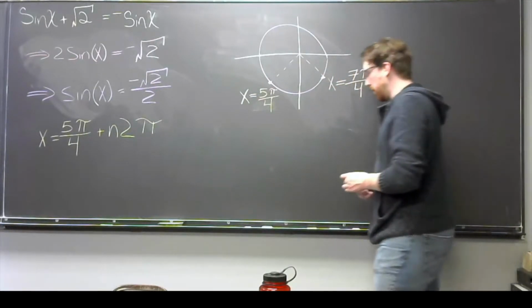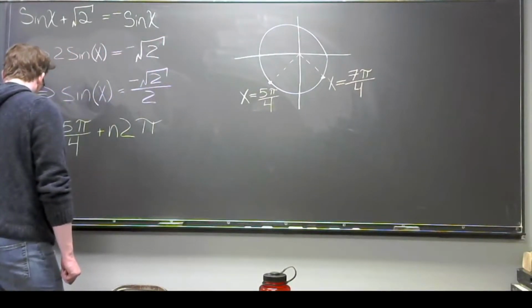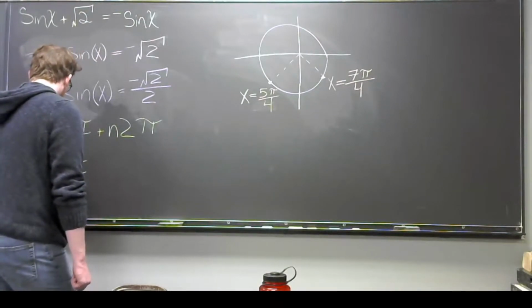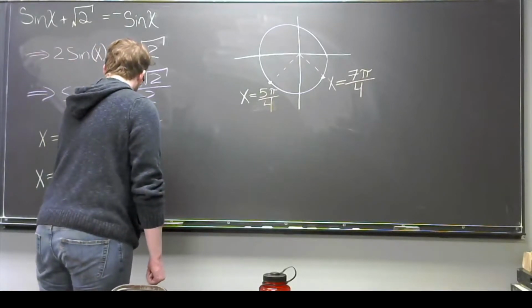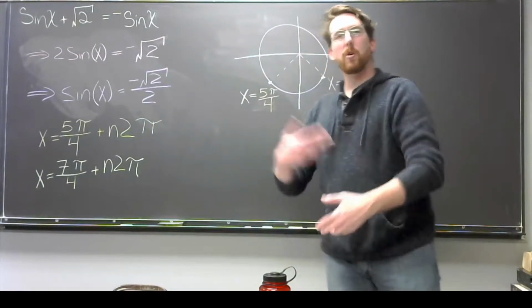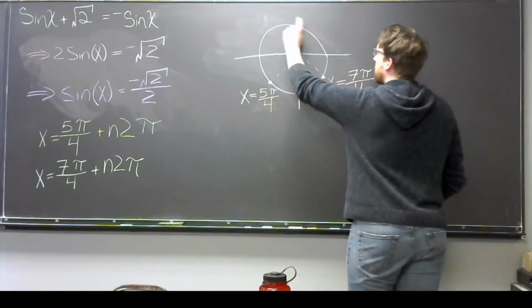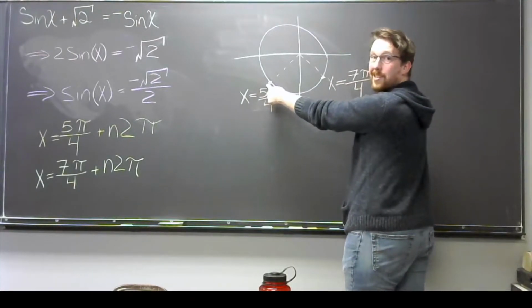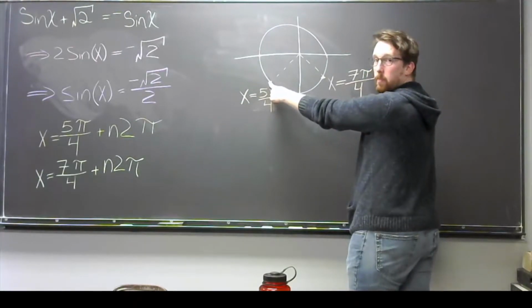The other solution is going to be 7 pi over 4 plus n times 2 pi. So what is n here? Well, n is the number of trips you make around your circle. We start at 0. We're not even at 1 trip yet, we're still at 0 trips. We're at 5 pi over 4 radians.